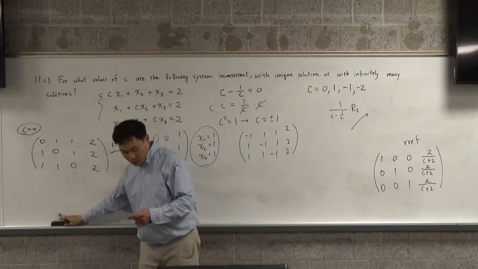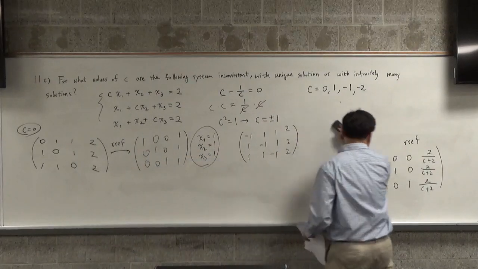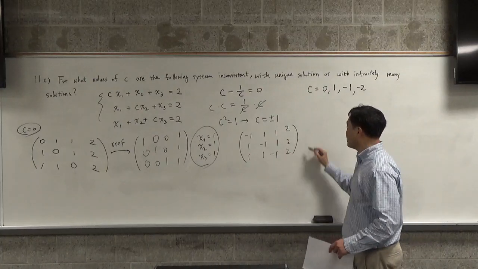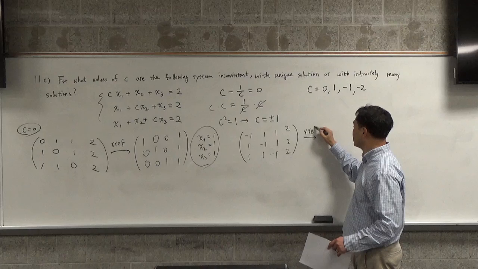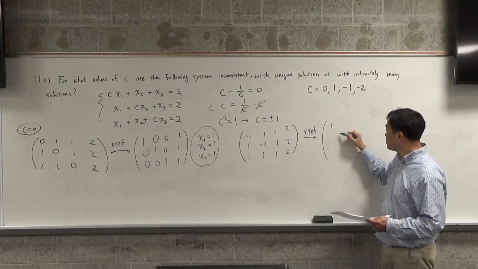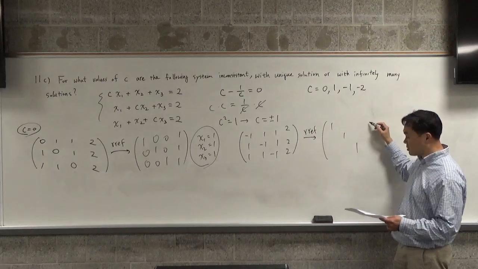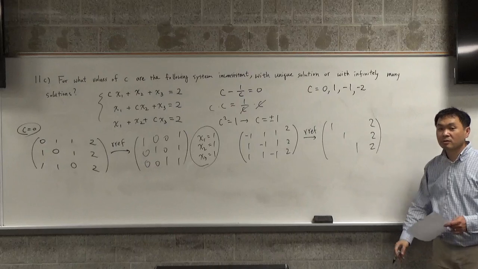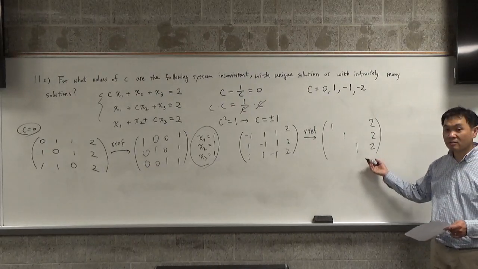This will also have your REF as 1, 1, 1, everything 0, and then you'll get 2, 2, 2. So what does that mean?